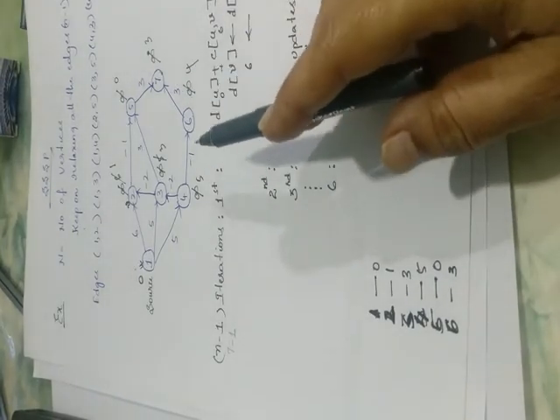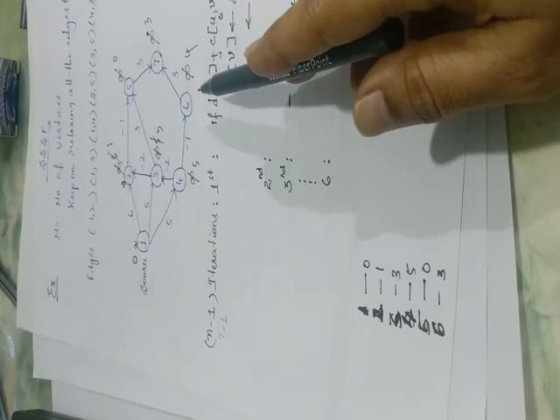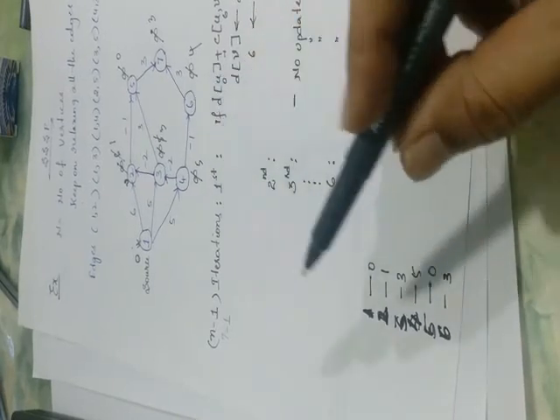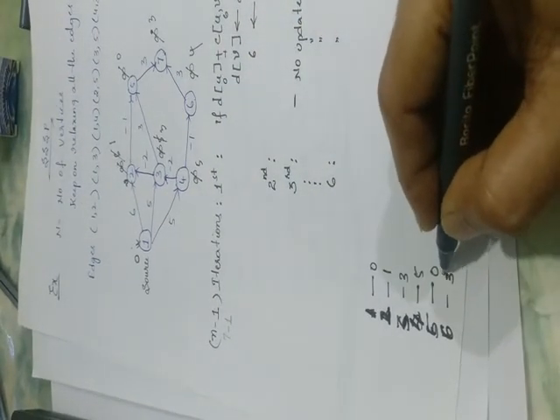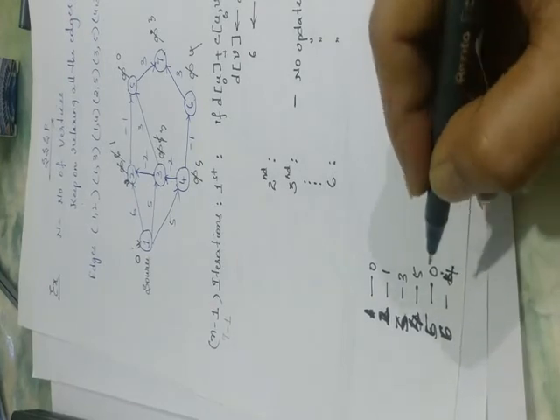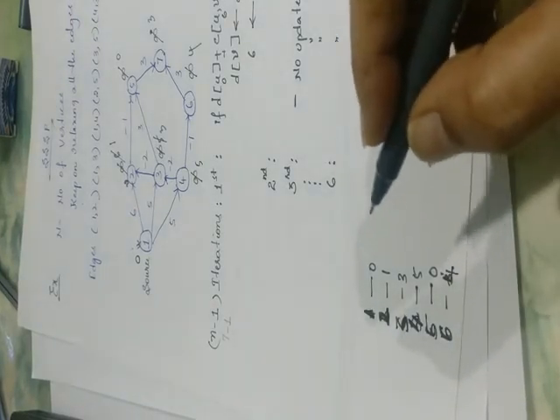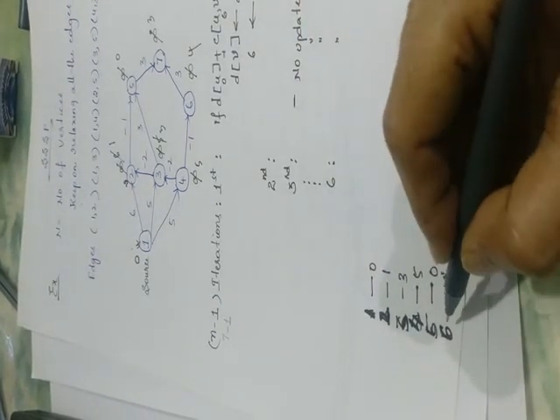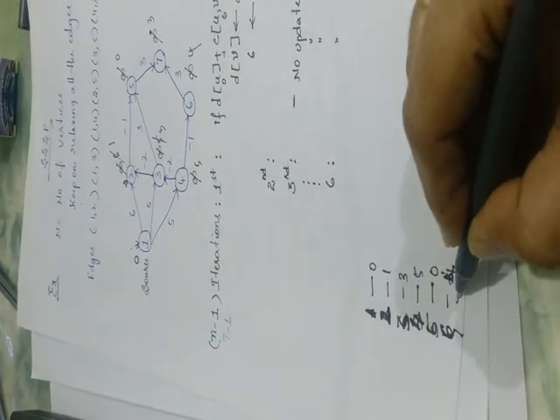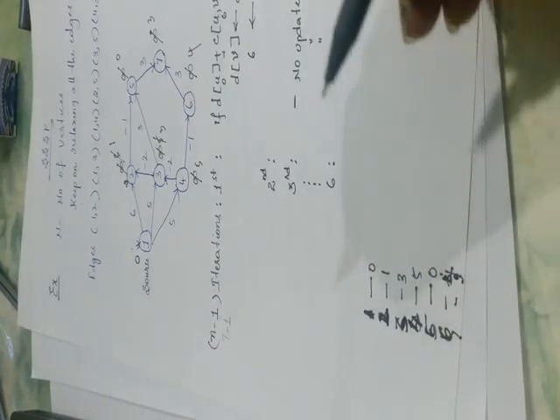Let me check once again. 5 minus 1 is 4. No, so this will be 4. And 7 will be 3.